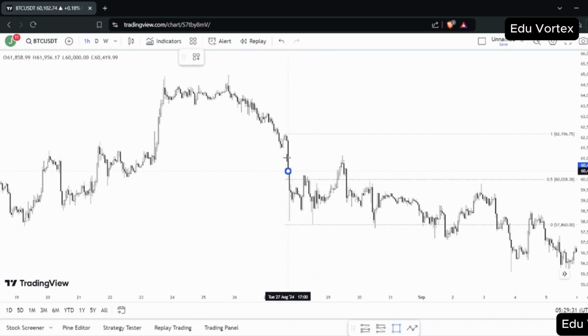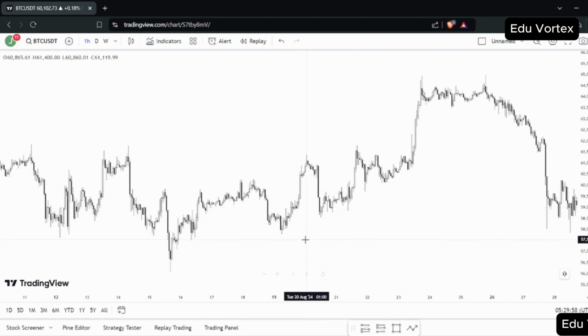The fair value gap is over here. We want to see price respect that fair value gap, which ends up happening. And we do not care if price closes above this fair value gap. Why? Because it's not in a premium. Since it's not 0.50% above it, we do not care.